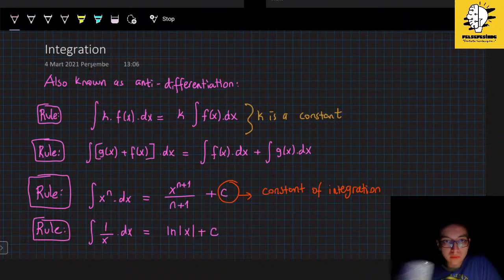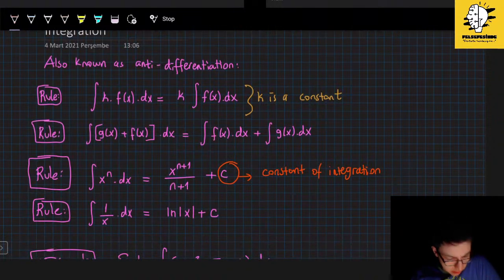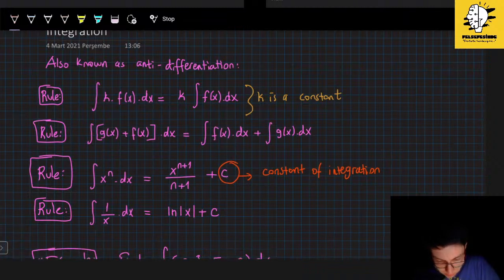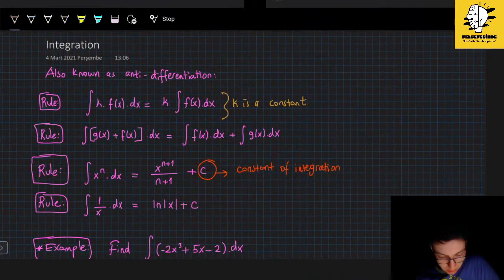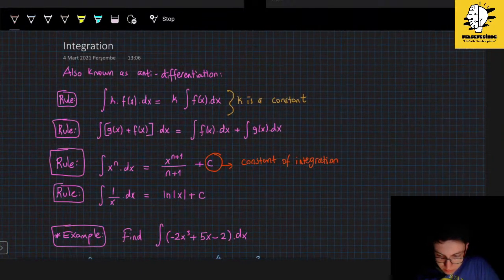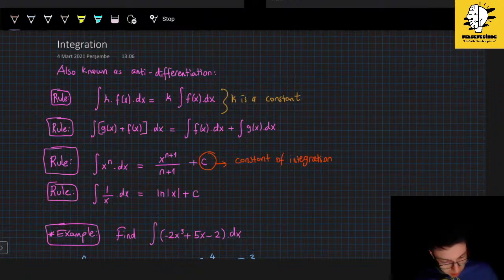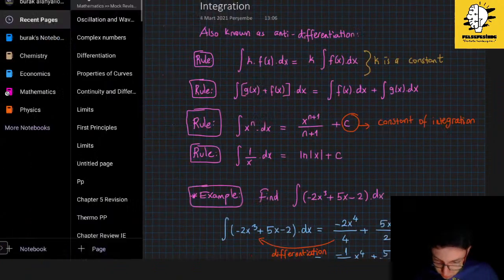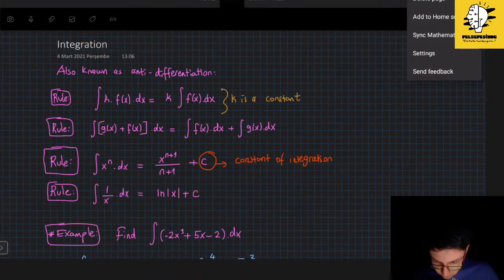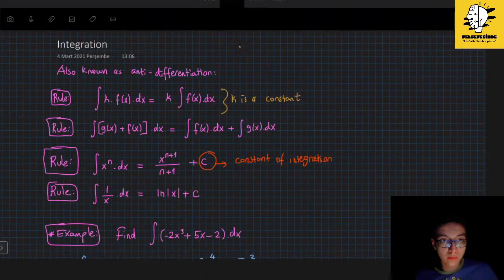Guys, can you see my writing? I guess we cannot see it right now. What about just annotating it for now? Would it be fine? You should be able to see it now. Let me just synchronize it once again to make sure everything is fine. Also, your charge is low, I think. Okay, I will just deal with it.